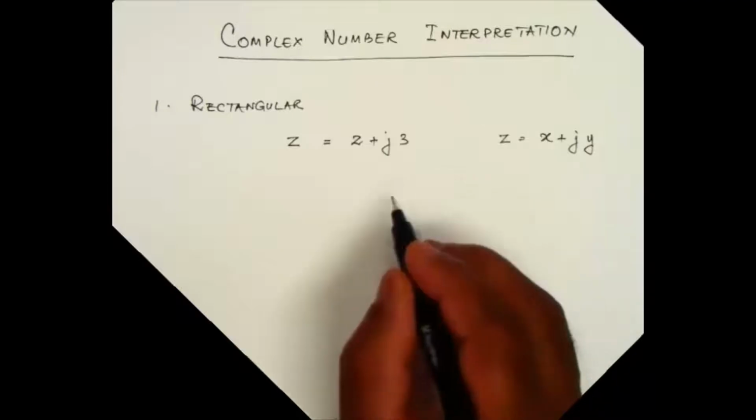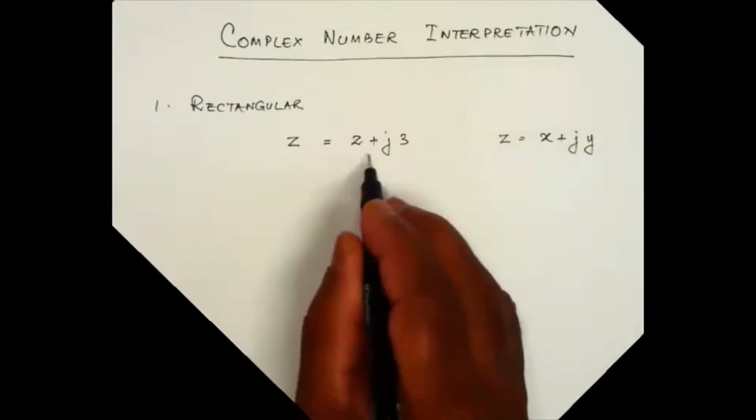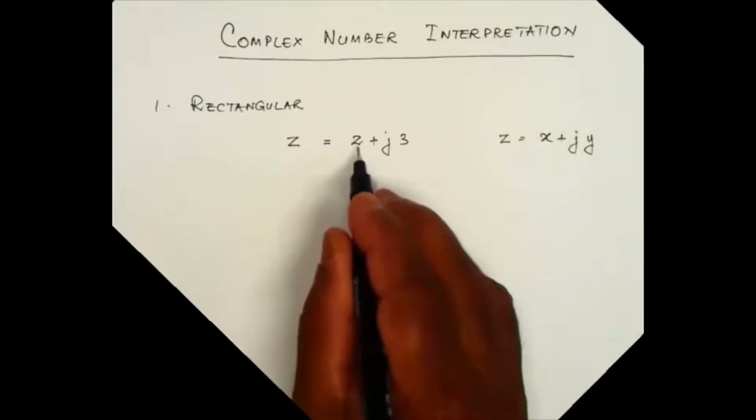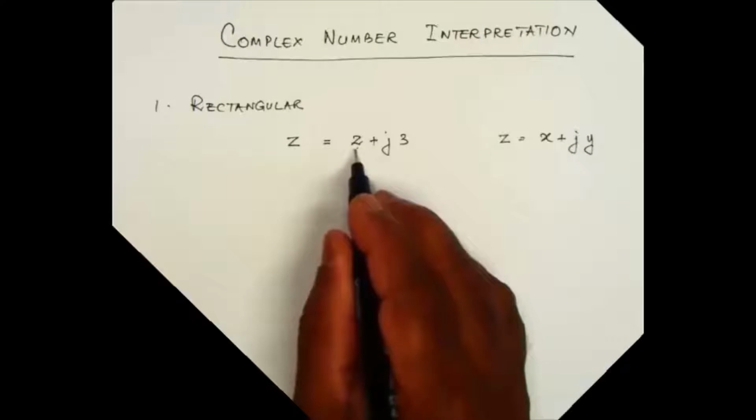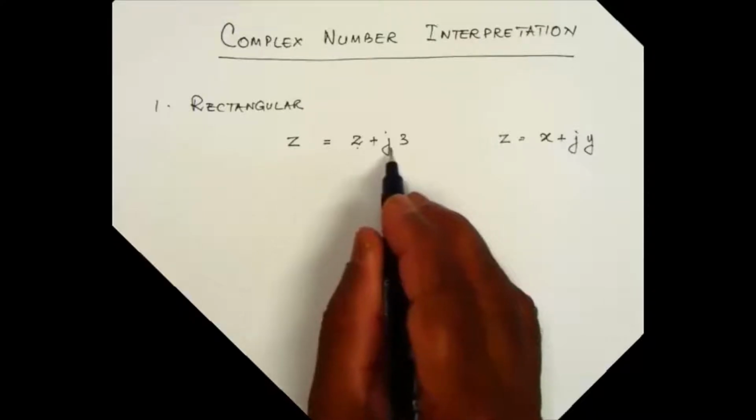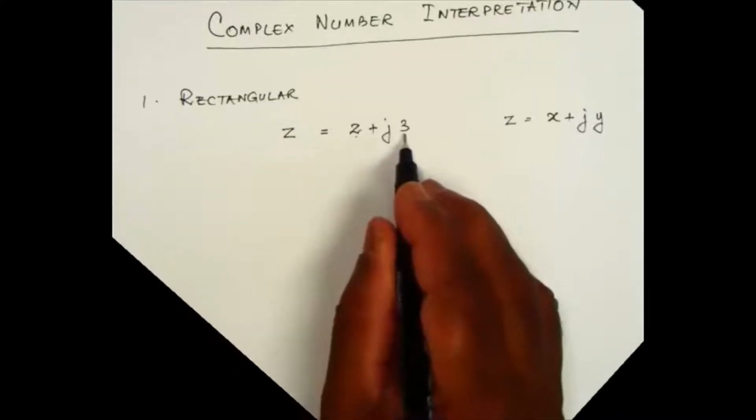So, in rectangular interpretation, we show the real part separately and the imaginary part separately, and that will be a real number, and this j signifies that's an imaginary number.